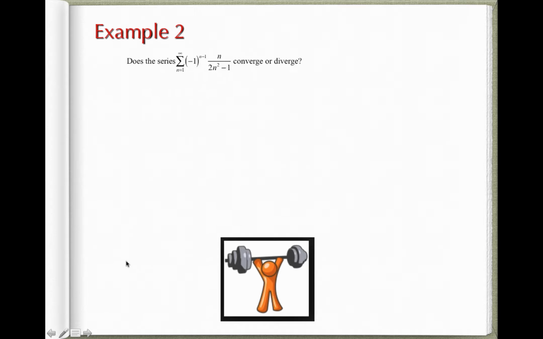Example dos. Can we determine whether this particular series converges or diverges? Again, I'll pause to give you a moment to write that down.